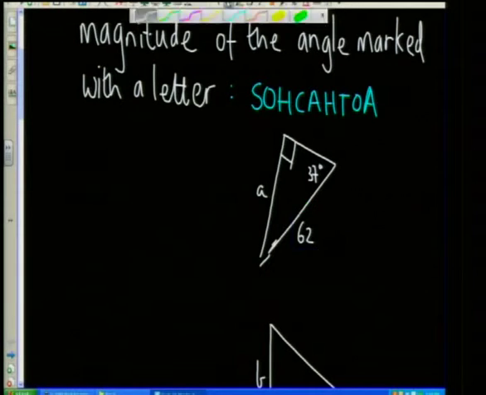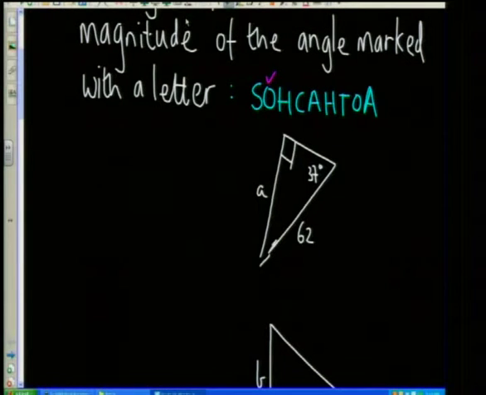So in our scheme of things, we have something about the opposite side, and something about the hypotenuse. So therefore, that's the ratio that we are using. You can always write that acronym to decide what has been given and how you're going to utilize the ratio. So we would start with the sine of 37.